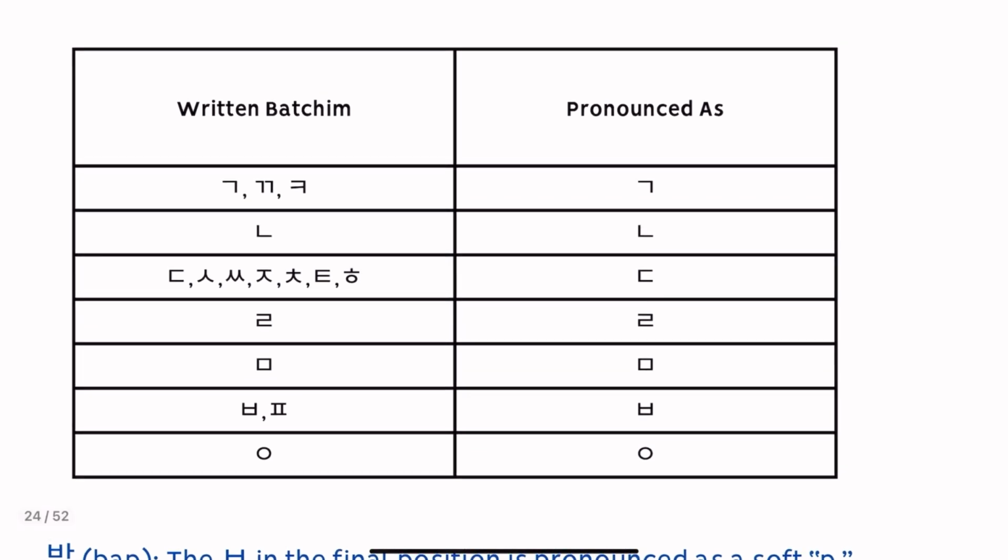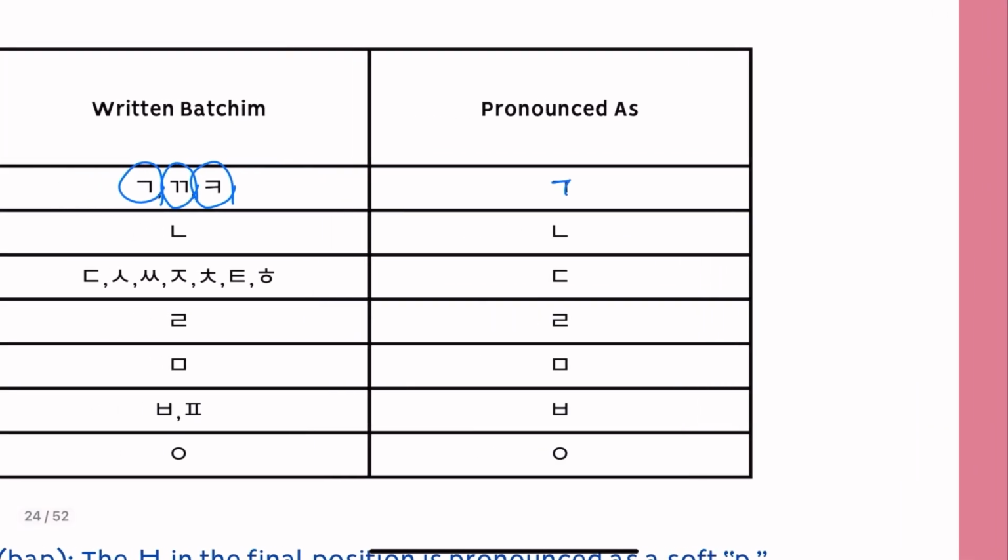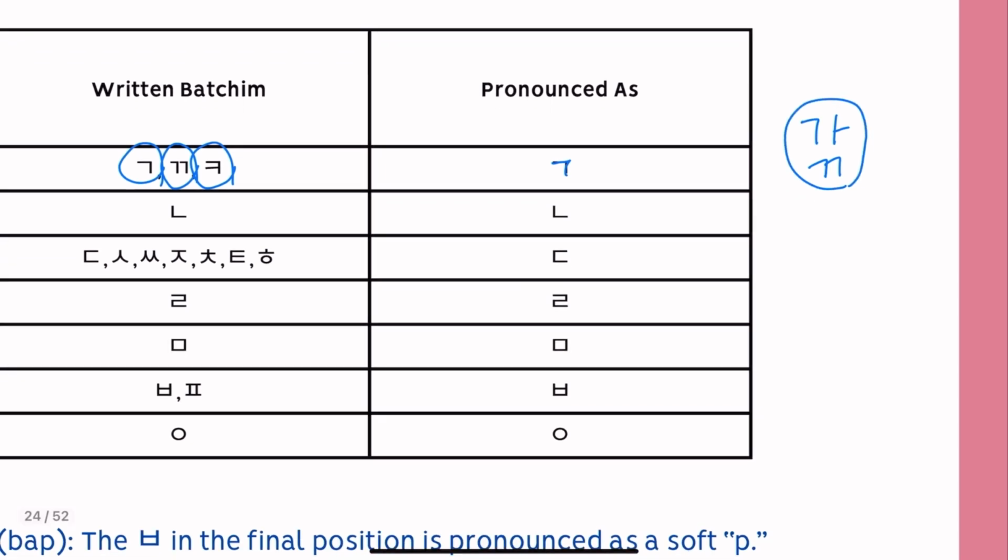So if the g sound and the k sound are at the 받침, it goes like the k sound. For example, when you notice that this kind of word exists, then this g sound goes like just the k sound.